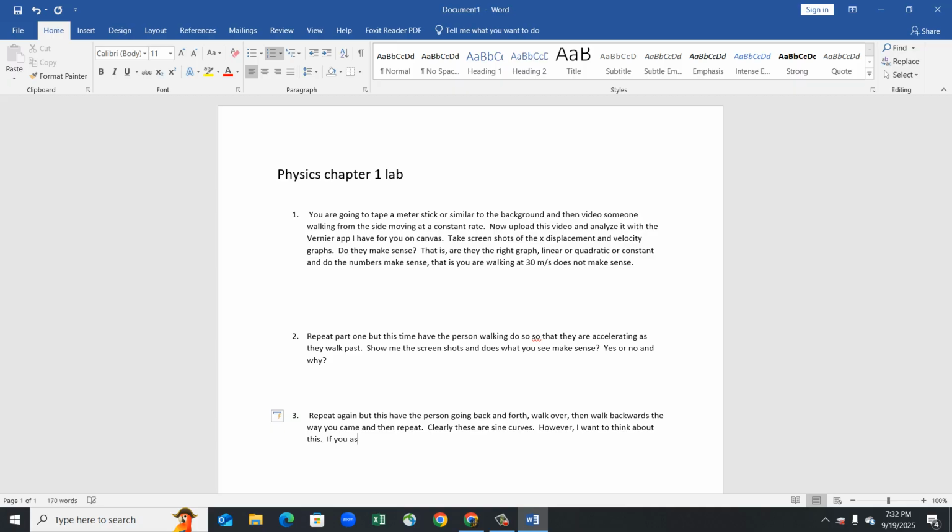If you start on my left, walk 5 feet to the right, and then come back to where you started from, is this distance or displacement? Or did I ask about both? Explain.